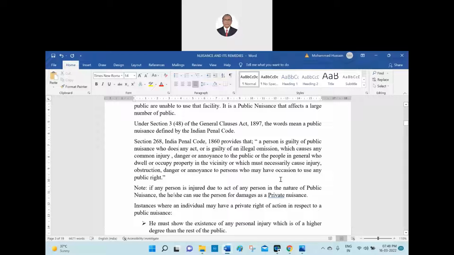Unquote. So that is what Section 268 of the IPC says.